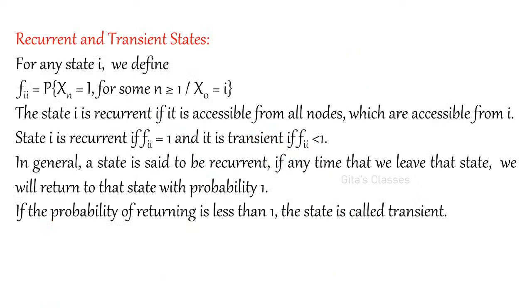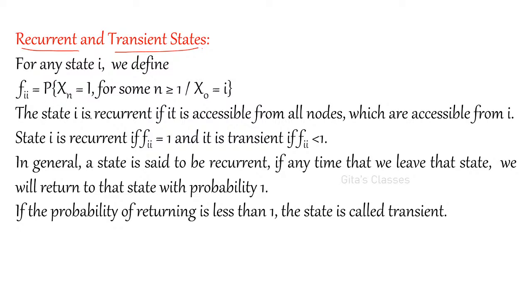This is the meaning. Now, a very important question: recurrent and transient states. For any state I, we define Fii as the probability that Xn equals I for some n greater than or equal to 1, given X0 is I. If this probability is 1, it is certain.